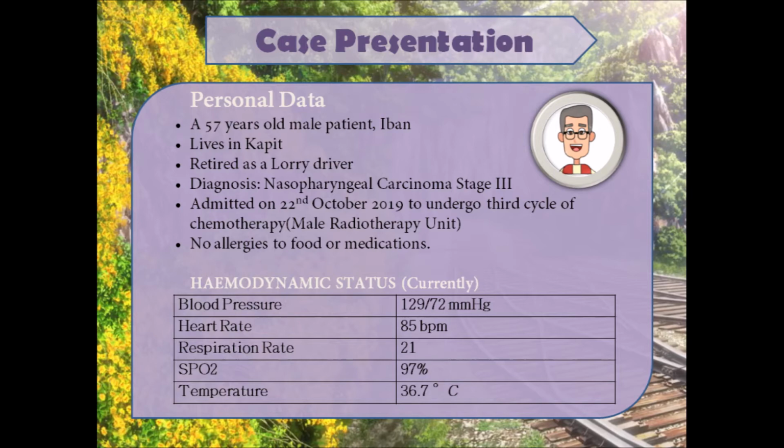Next, for the current hemodynamic status, the blood pressure is 129/72 mmHg. The heart rate is 85 beats per minute, respiration rate 21, SpO2 97%, and the temperature is 36.7 degrees Celsius.